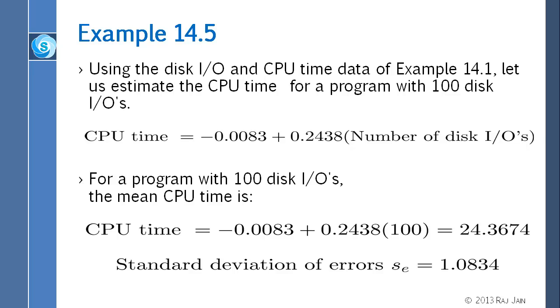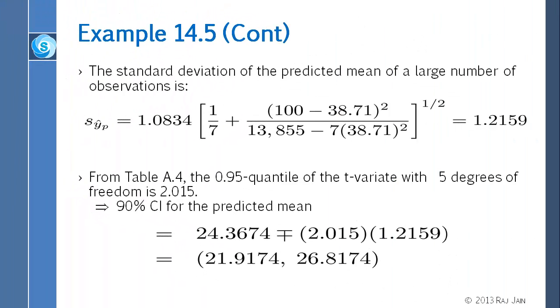So now we are going to forecast, or we are going to calculate the confidence interval of the forecast. So we are assuming infinite observations in the future, and therefore 1 upon infinity, that term is gone, and we just put the rest of it. We get the standard deviation. We look for the t value at 5 degrees of freedom. Why? Because there were 7 observations, so 5 degrees of freedom, and we are talking about 90 percentile, two-sided.